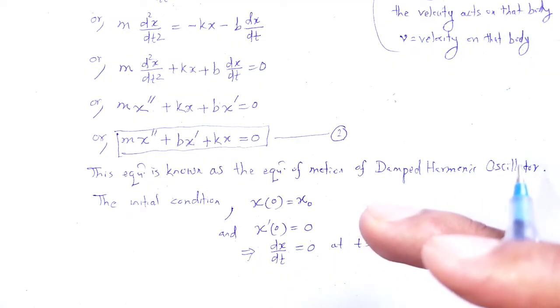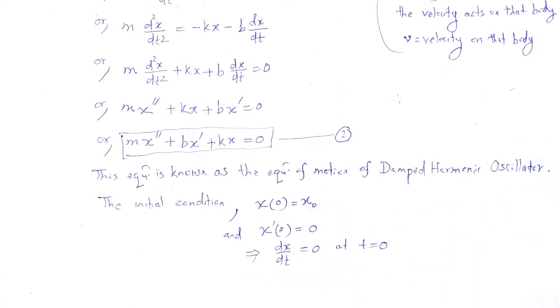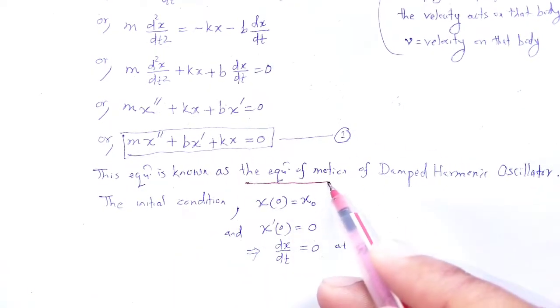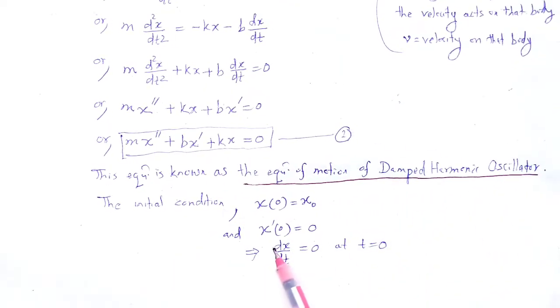That is the initial condition for the damped harmonic oscillation. This is the equation of motion for the damped harmonic oscillator.